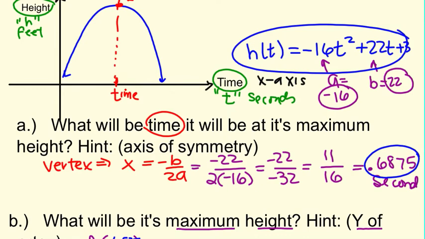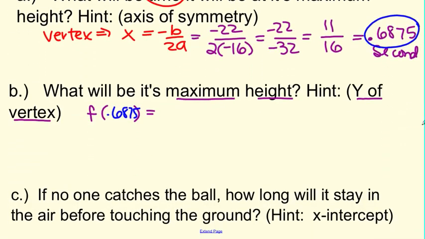So you're going to want to use your calculator. Okay, maybe I'll write down this function first. h of t equals negative 16t squared plus 22t plus 3.